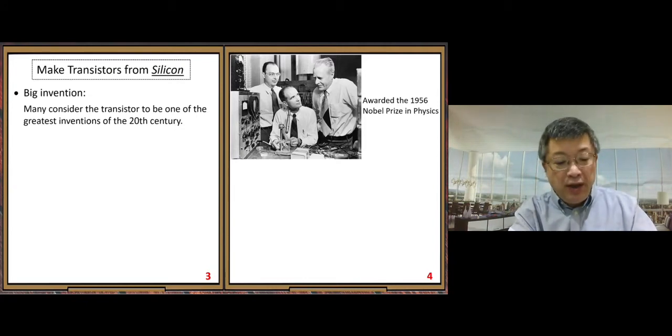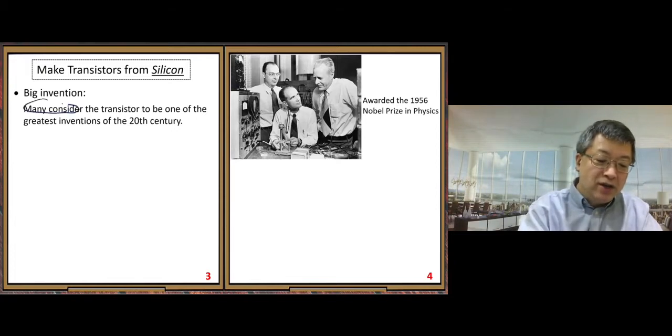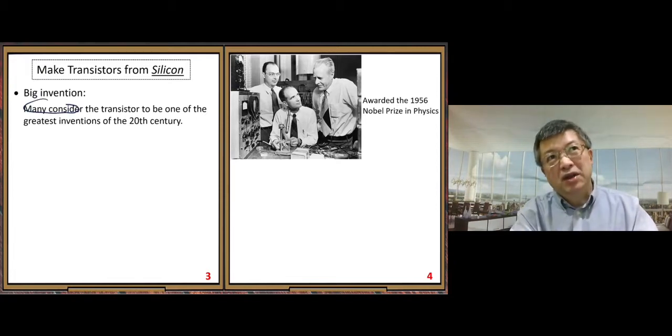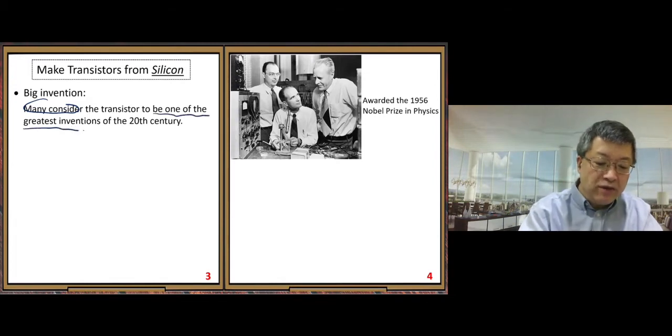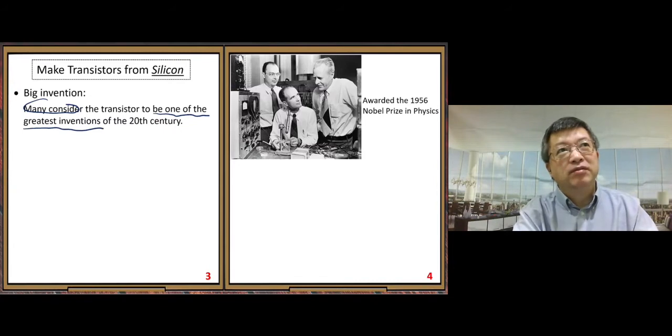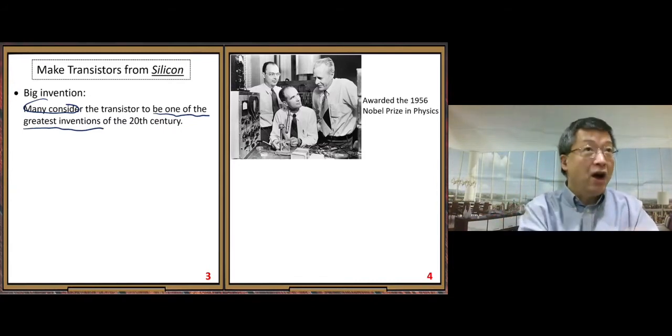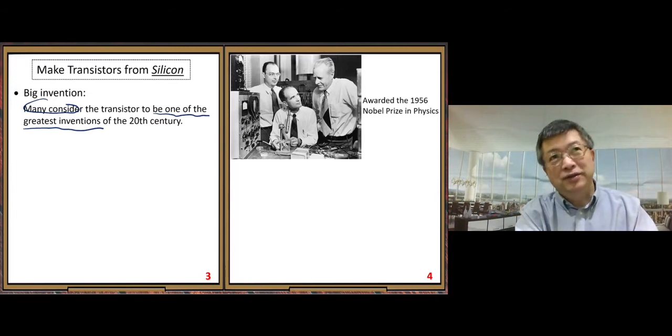But here, many consider, but I think it should be everyone, right? Because here we say one of the greatest inventions. We do not say the greatest invention. We say one of the greatest. Who can argue it is not?